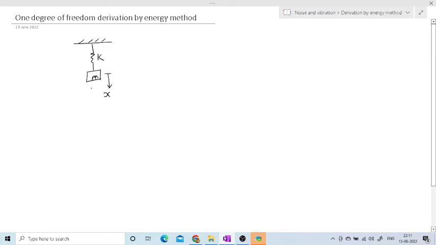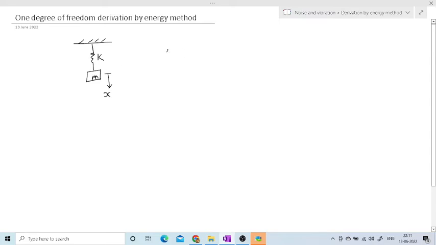So in short, during the extension of the spring, the potential energy will be stored in the spring, and then that potential energy will spring back this mass to its original position, and during that it will be converted into kinetic energy.